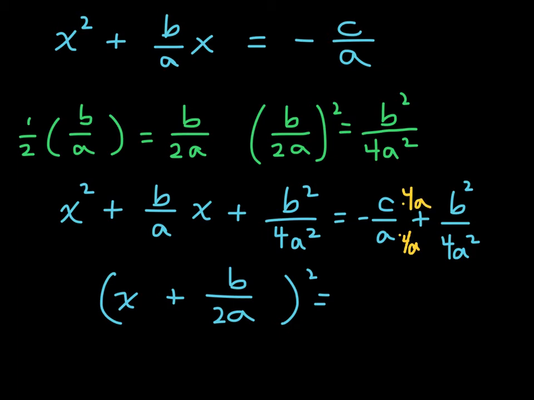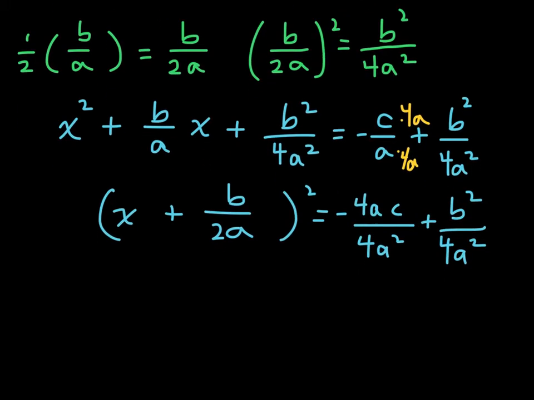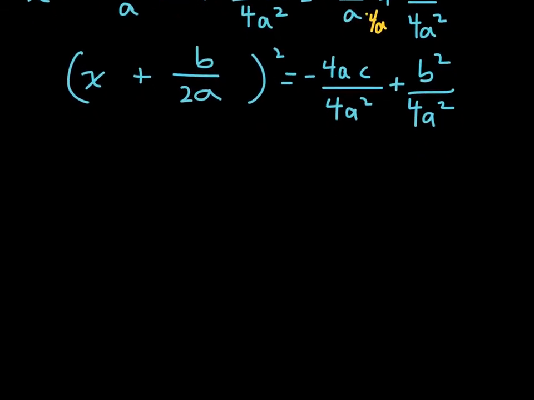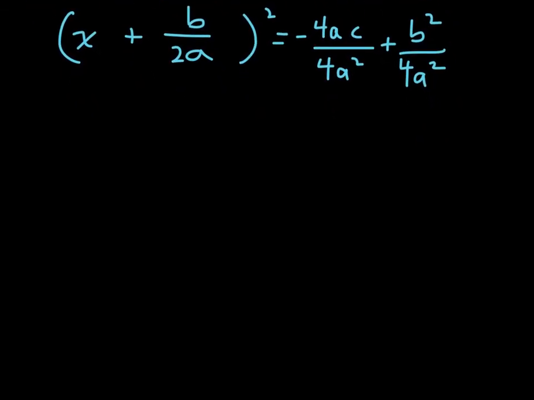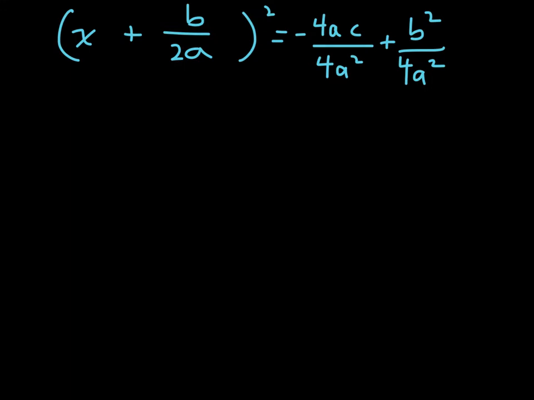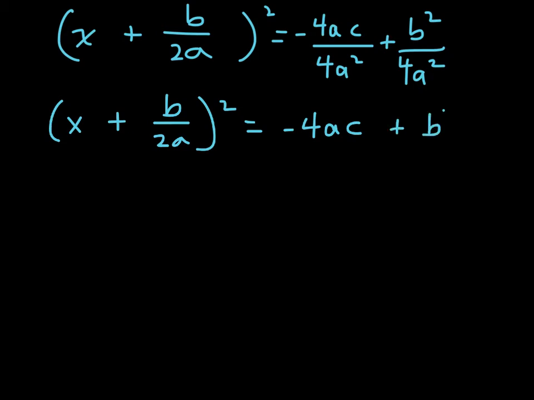So that way you get negative 4ac over 4a squared plus b squared over 4a squared. Now that you have common denominators, you can now add these two fractions. And on the right, you are getting negative 4ac plus b squared all over 4a squared.